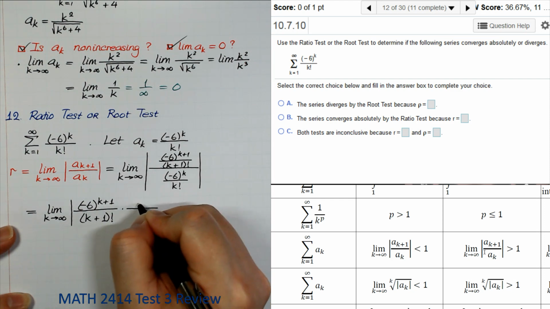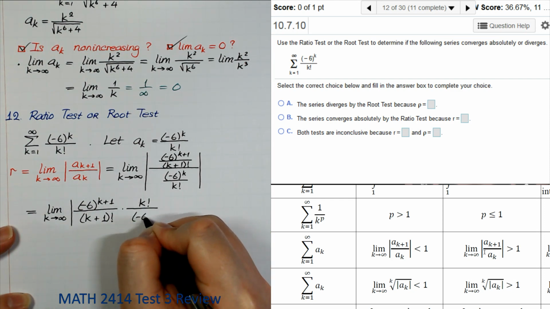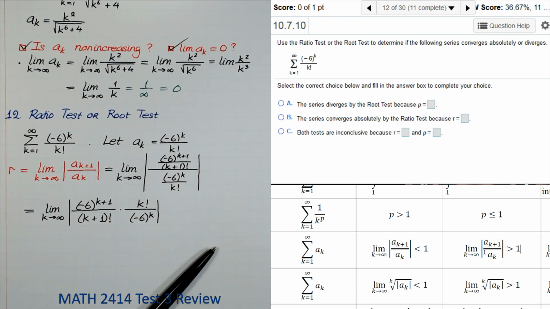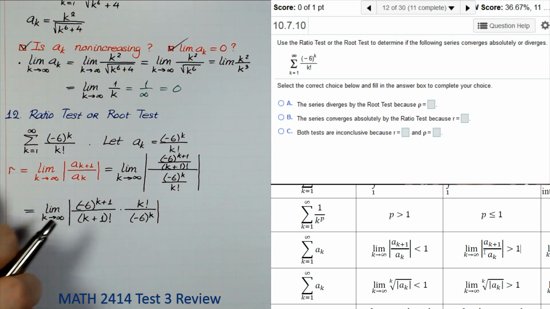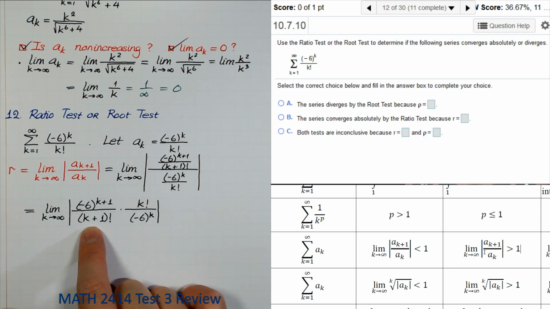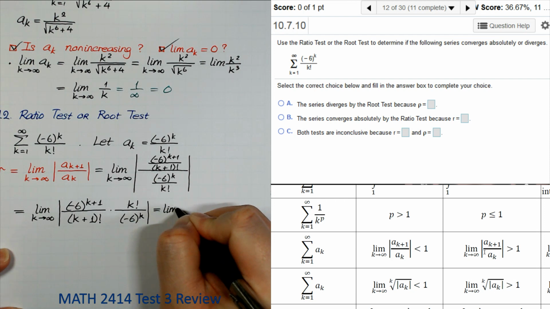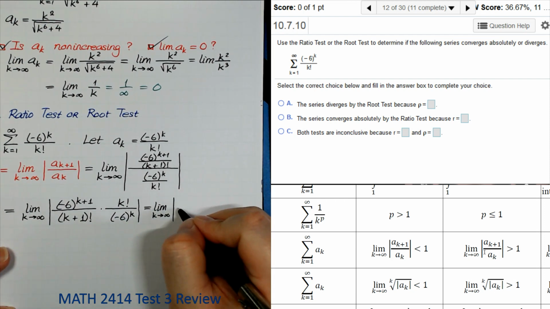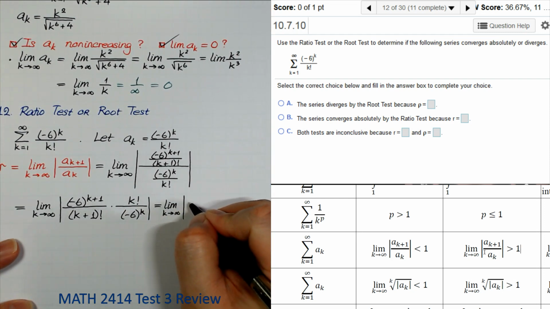Multiply by the reciprocal. Next, the reason we use the ratio test for this kind of term is that negative 6 to the k plus 1 we can split, and the factorial we can definitely split.